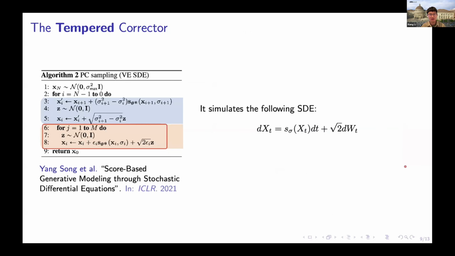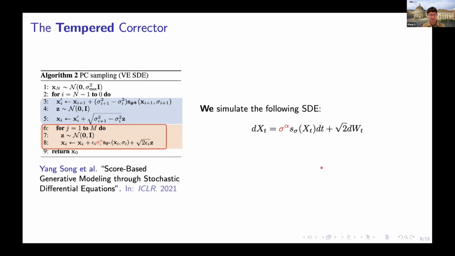And we are thinking about how to plug our tempered Langevin dynamics into existing diffusion models to help us generate more diverse samples. In diffusion models, there's a popular framework called the predictor-corrector framework, which in the reverse process has, in each reverse step, an inner loop that runs Langevin dynamics as the corrector.